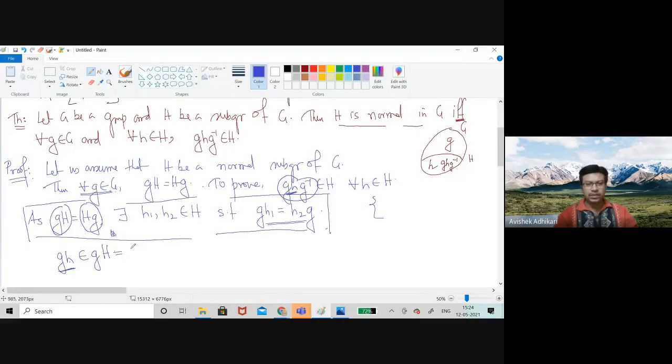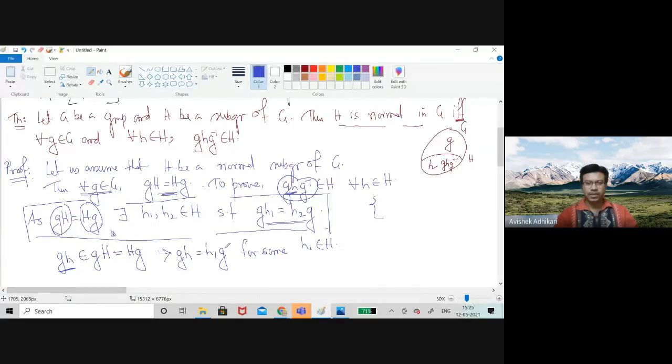And what is this set? This set is the same as Hg, because it was our hypothesis, gH is the same as Hg. Then what does it mean? That means gh must be equal to some h1 g for some h1 belonging to H. Is it clear now?